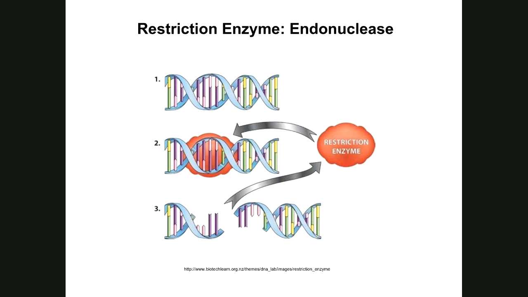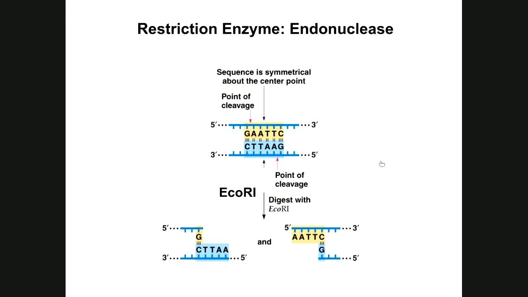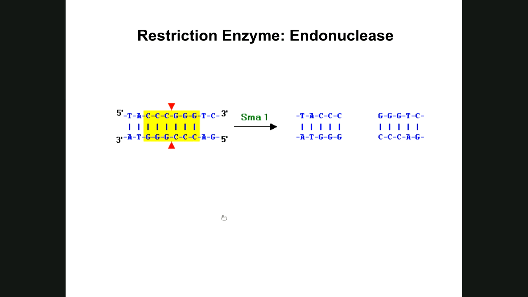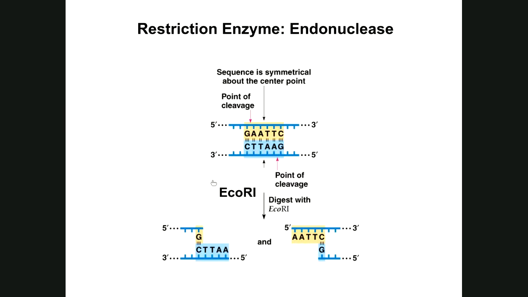To give you a couple of specific examples, two popular types of restriction enzymes isolated from bacteria are EcoR1 and SmaI. I'm not going to give you the full name for SmaI, but it's a long name, so I'm going to use EcoR1 because it's easier. The way they name these restriction enzymes begins with the genus and species of the bacterium in which they discovered the enzyme.